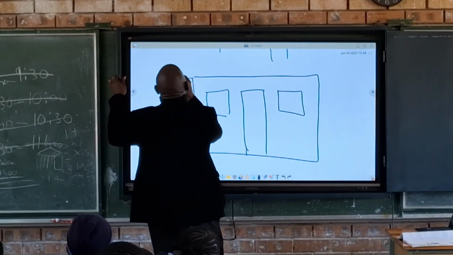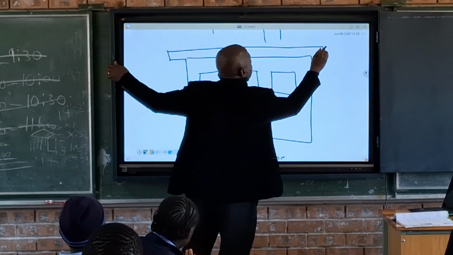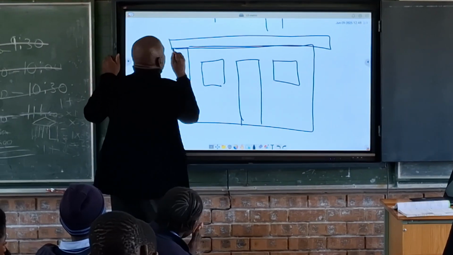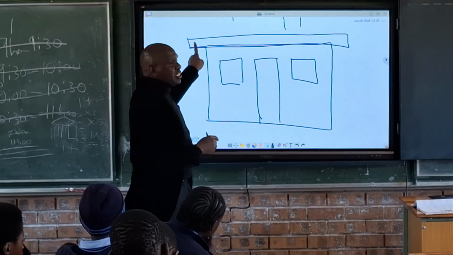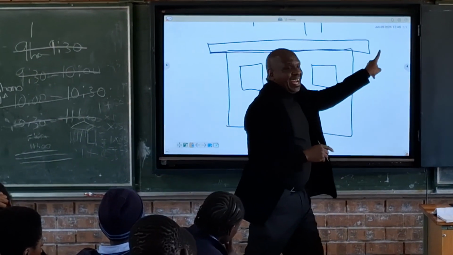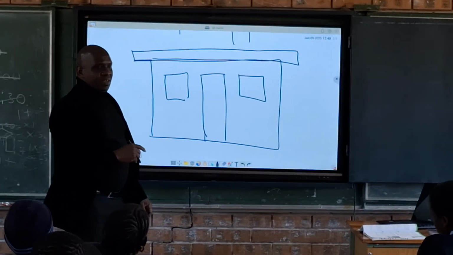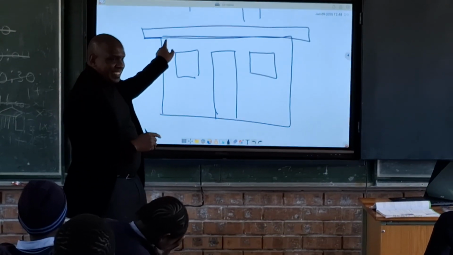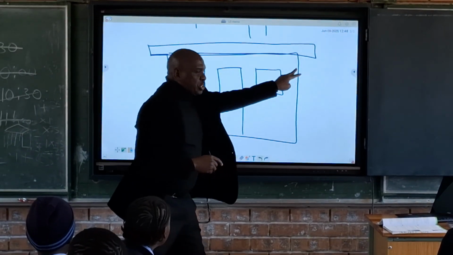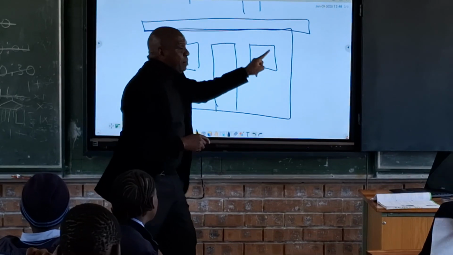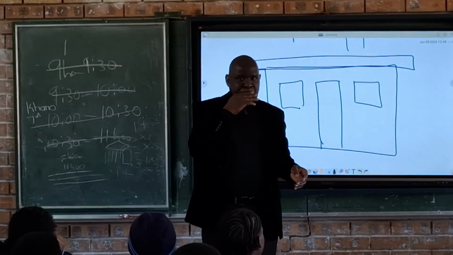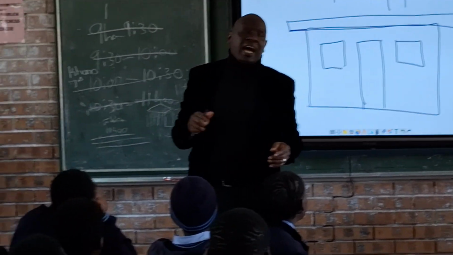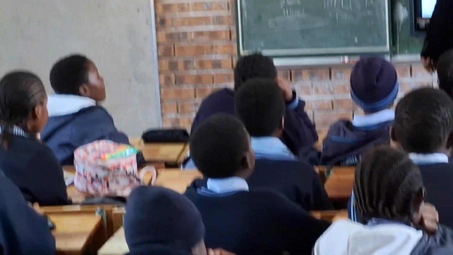Here is a beam. It will move from this side to that other side. What is the function of the beam? It is to prevent the other two structural elements from falling apart.